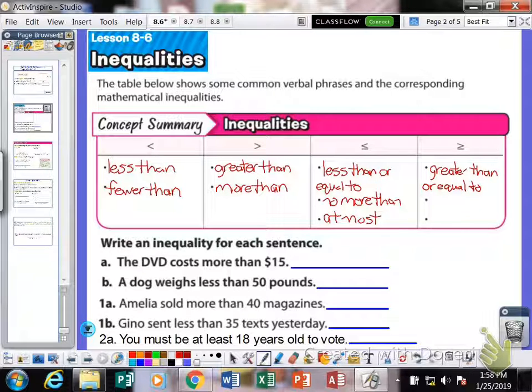Another term we can use here would be no less than. And our last one here would be at least.